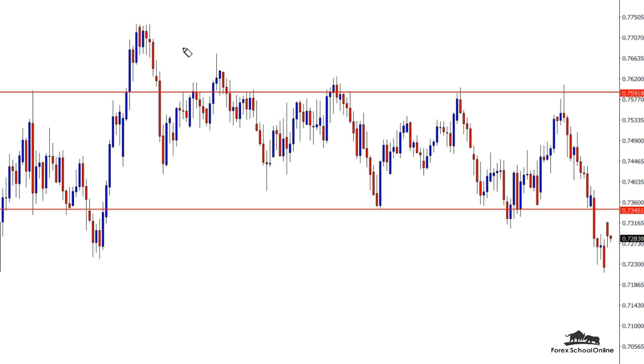But what we can see now is that price has made this strong move down.